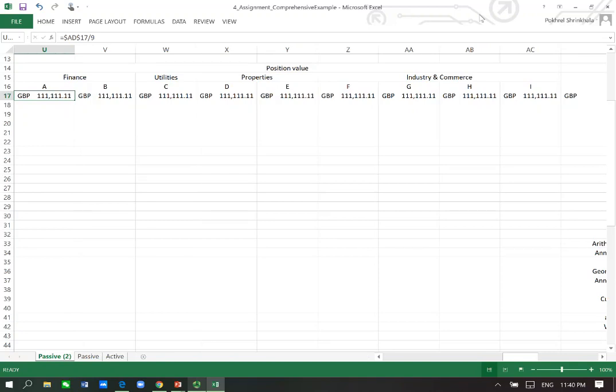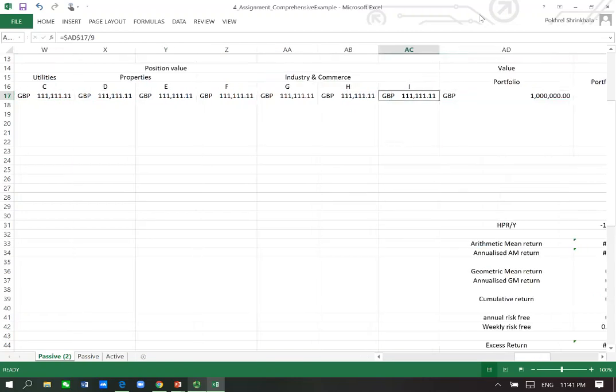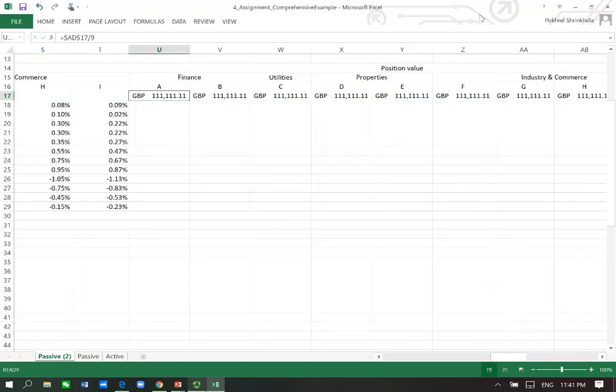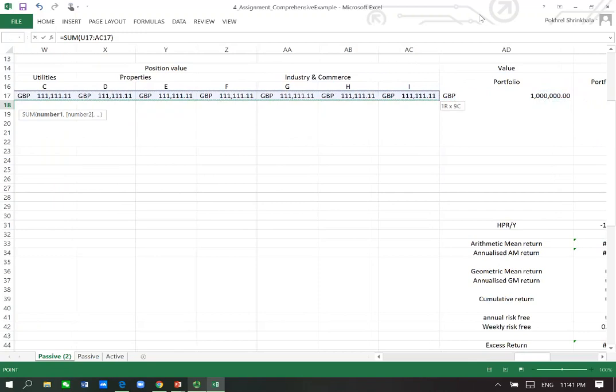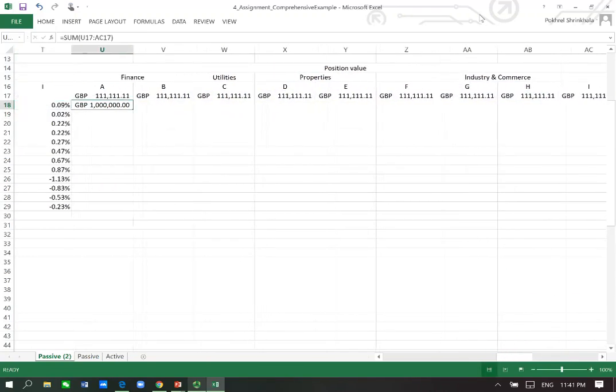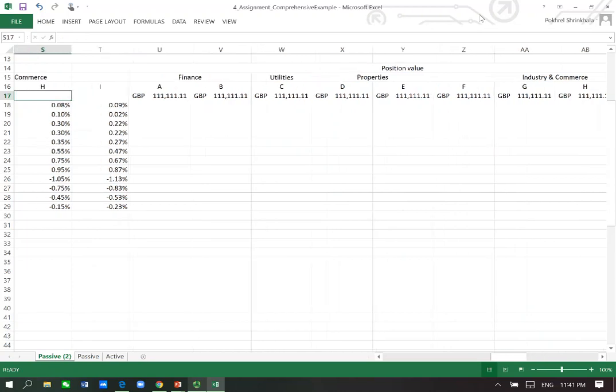So 1 million has therefore been divided by 9. Therefore the investment amount for each of these companies' stocks is going to be 111.11. So if I add them all together such as this, then the total amount is going to be this 1 million.